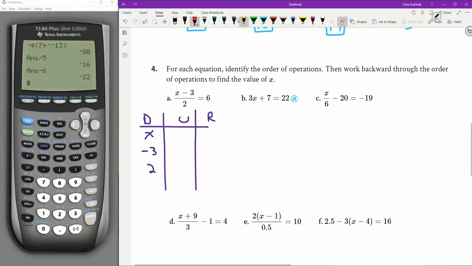To undo those things, I'm going to multiply by 2, and I'm going to add 3. The result, when all is said and done, is 6. 6 times 2 is 12. 12 plus 3 is 15. We know that we can take that 15, subtract 3. Let's do this.